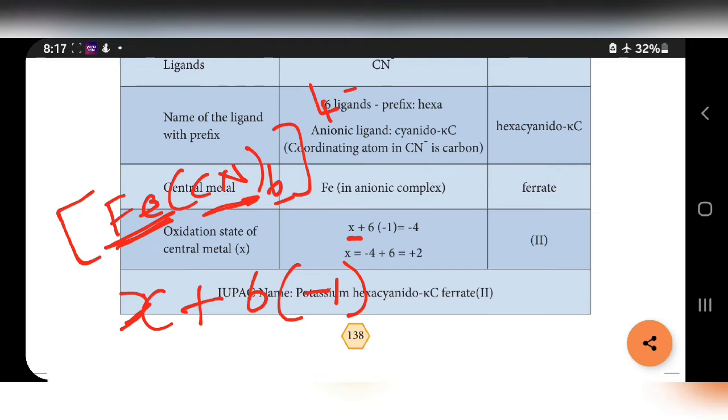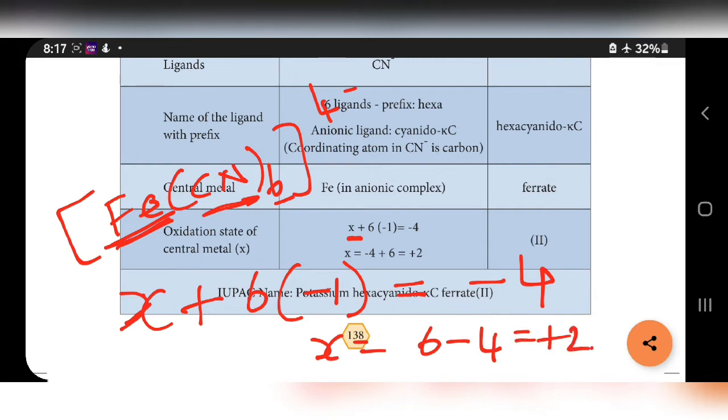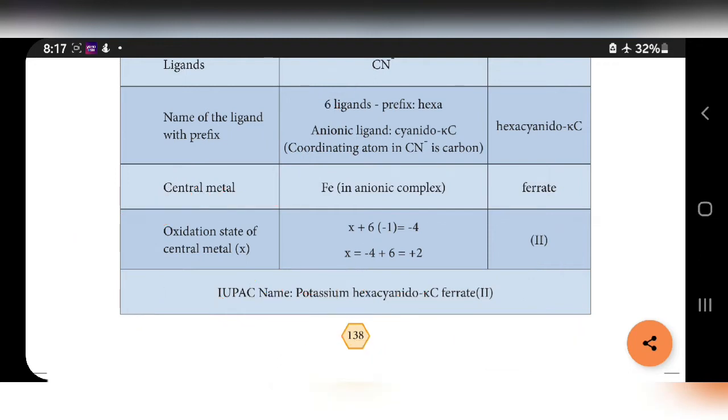If you add all these, it will equal the total charge of the square bracket, that is minus 4. So X minus 6 is equal to minus 4. X is equal to 6 minus 4, that is equal to plus 2. That is given here as a Roman numeral. If you combine all these details you will get the name of that compound, that is potassium hexacyanido-κC ferrate(II).